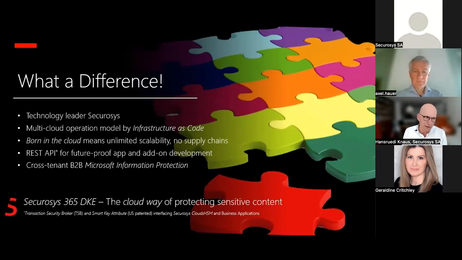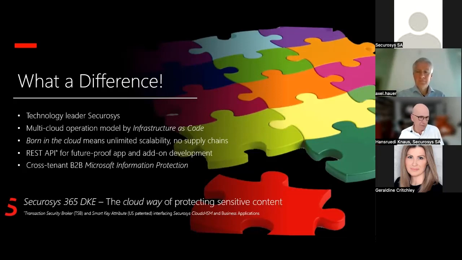We are ready for multi-cloud operation models by infrastructure as code, as we have seen with the transaction security broker or with the double key console interfacing the administration tasks. And we are born in the cloud. That means unlimited scalability and no supply chains. We support REST APIs for future-proof app and add-on development if you want to do stuff on your own with the environment.